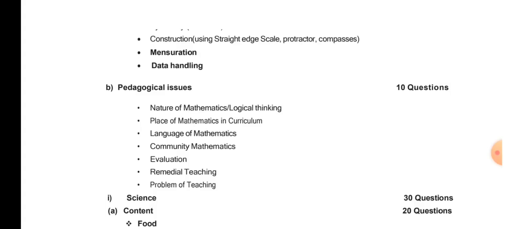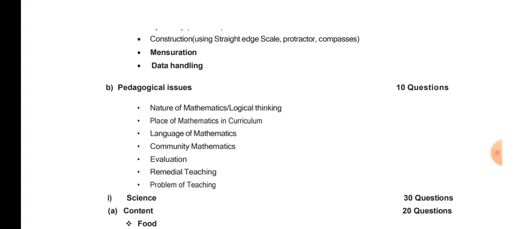Now, nature of mathematics you have to know, logical thinking you have to be well versed in, then place of mathematics in curriculum. Now see, mathematics is involved in all the subjects, be it history, science, geography, politics, English, everywhere mathematics is there, right? Now language of mathematics means what?